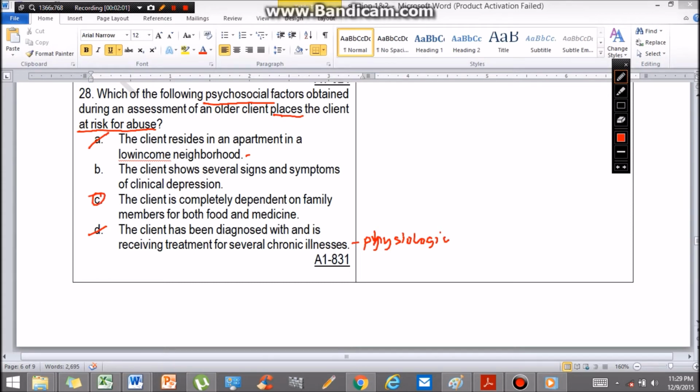Why? Because according to your book, a situation or condition that we call caregiver strain or caregiver burden increases the risk of abuse, because the person caring for the client may feel frustrated or may have some resentment toward the client.